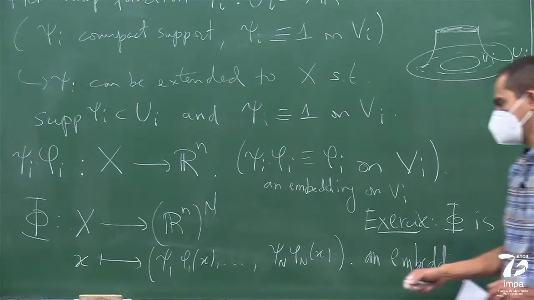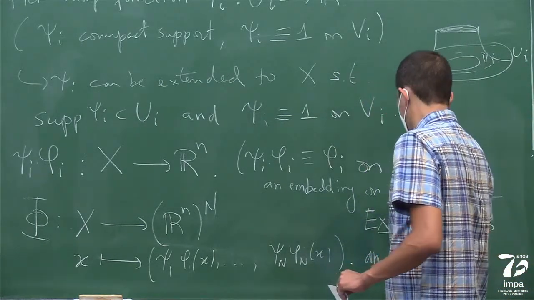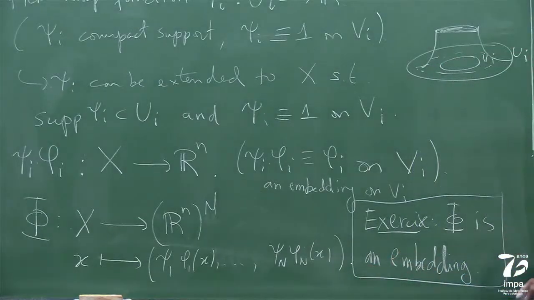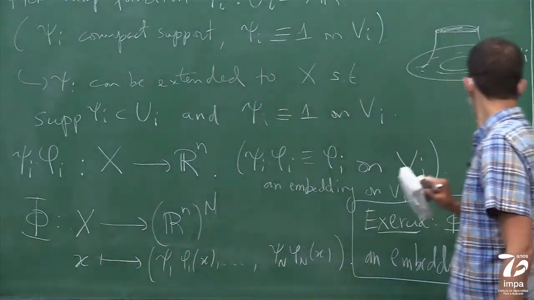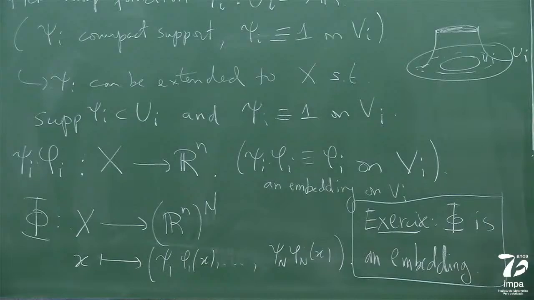There are many things that are easier to do yourself than to try to follow someone else do it, and this is one of them. Okay, so now we showed that a compact manifold can be embedded into a very large Euclidean space.